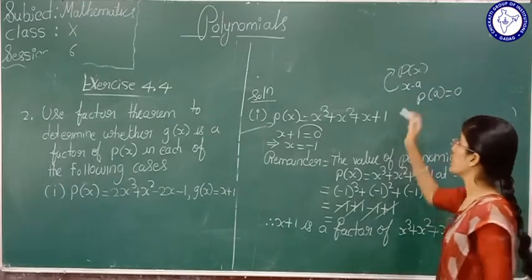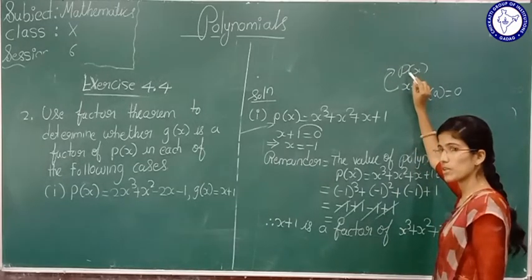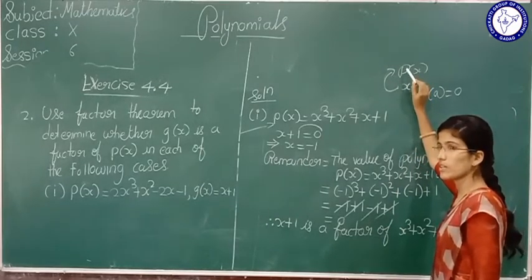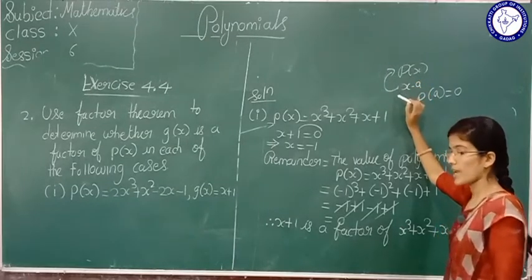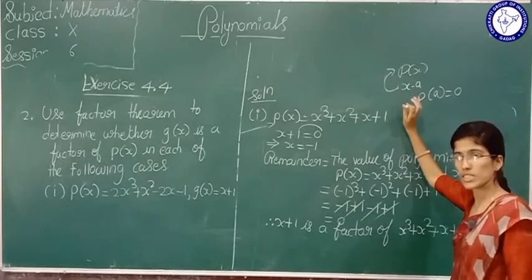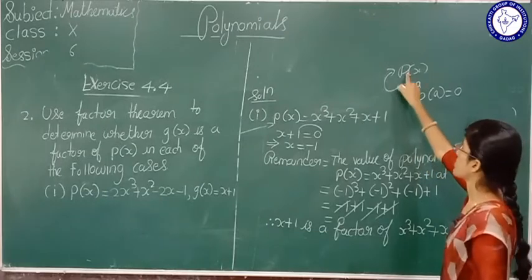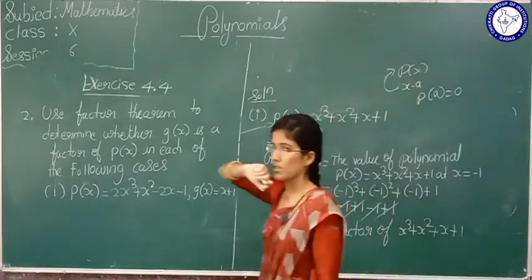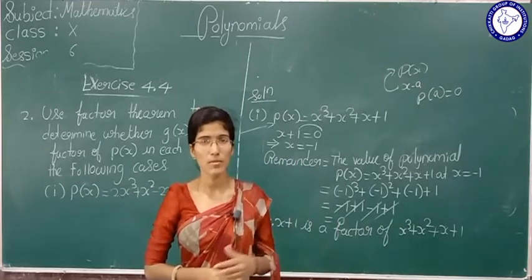Yes or no? When we divide the given polynomial p of x by x minus a, if the remainder comes 0, at that time only we can tell that x minus a is a factor of p of x. So here to find the remainder we are using the remainder theorem. Yes or no?